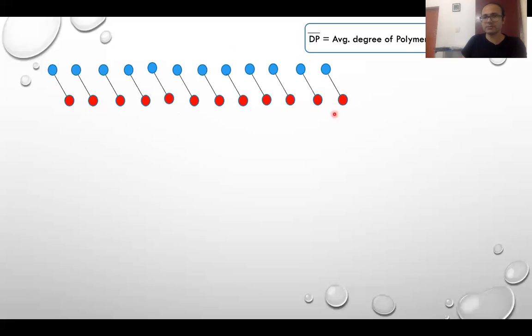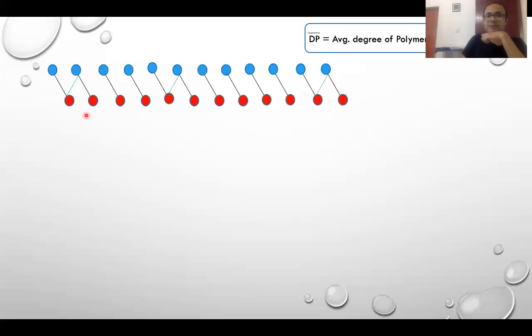When we talk about step growth polymerization, it is basically a random reaction of the monomer molecules. So randomly, two monomer molecules, two monomer molecules, two monomer molecules reacted from different parts of the reaction mixture.